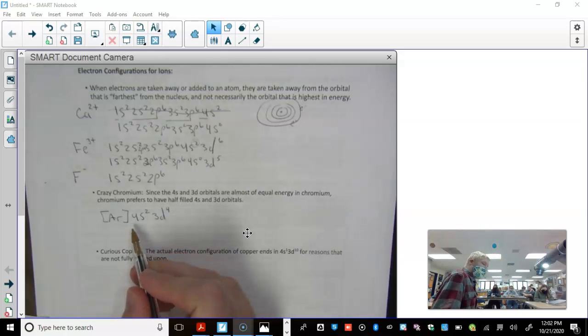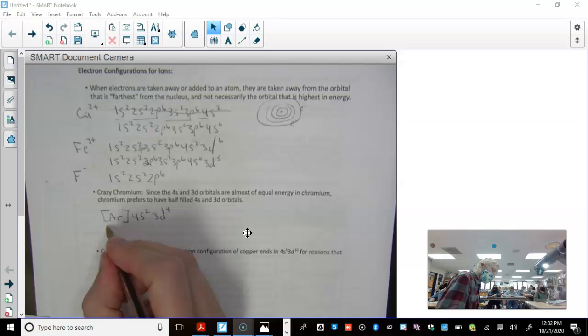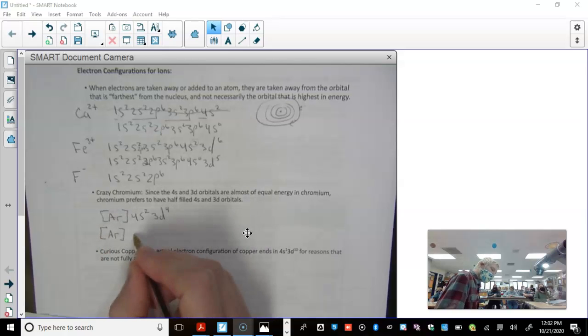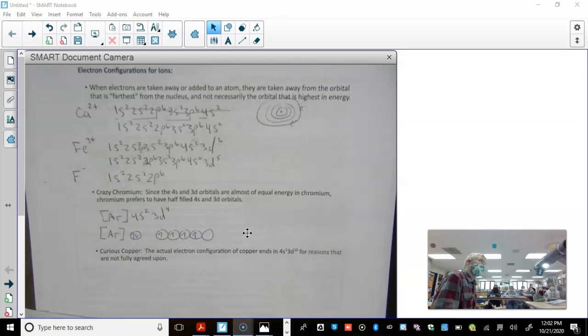Alright, so this is what chromium should be. I'm going to do the orbital filling diagram. Alright, so that's how it should be.